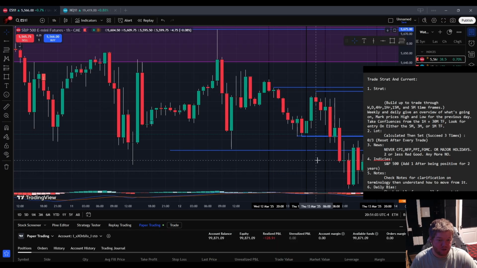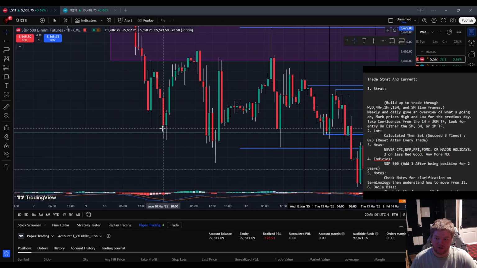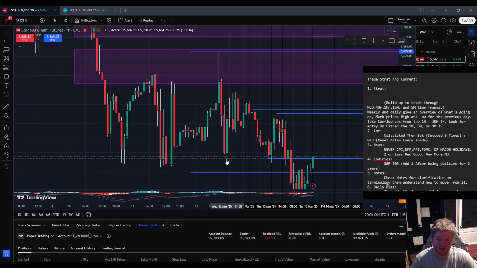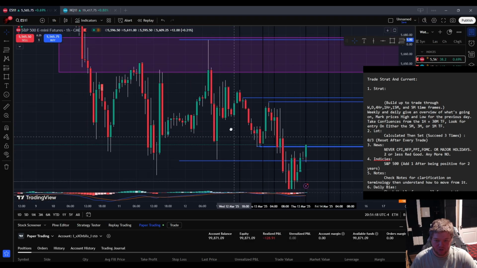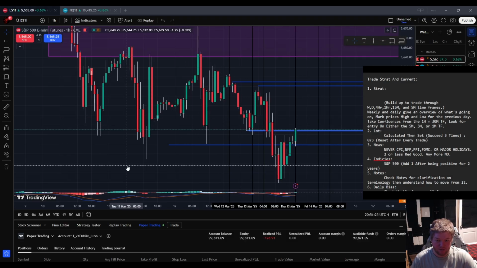Because, realistically speaking, he has all of this right here to work with, as well as the previous day's high and low, right? So within this, he's divvying out what price might want to do. We're also looking for draws on liquidity, liquidity sweeps, the like. Draws on liquidity are highs and lows, right?